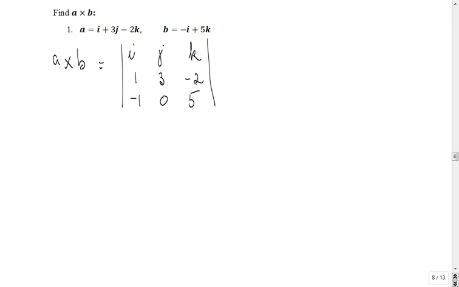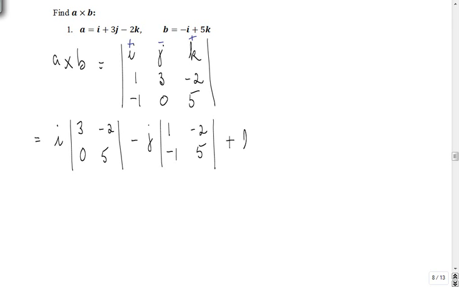Okay, now let's find that. Let me put the plus, minus. In this case, your J is going to be negative. So this is equal to I times the determinant of 3, minus 2, 0, 5. Remember, that is the minor. Minus J times the determinant of 1, minus 2, minus 1, 5, plus K times the determinant of 1, 3, minus 1, 0.